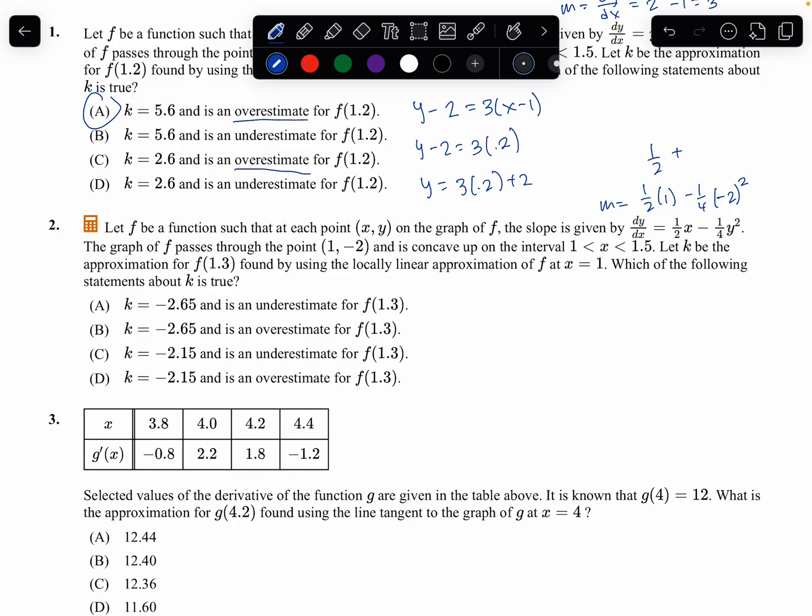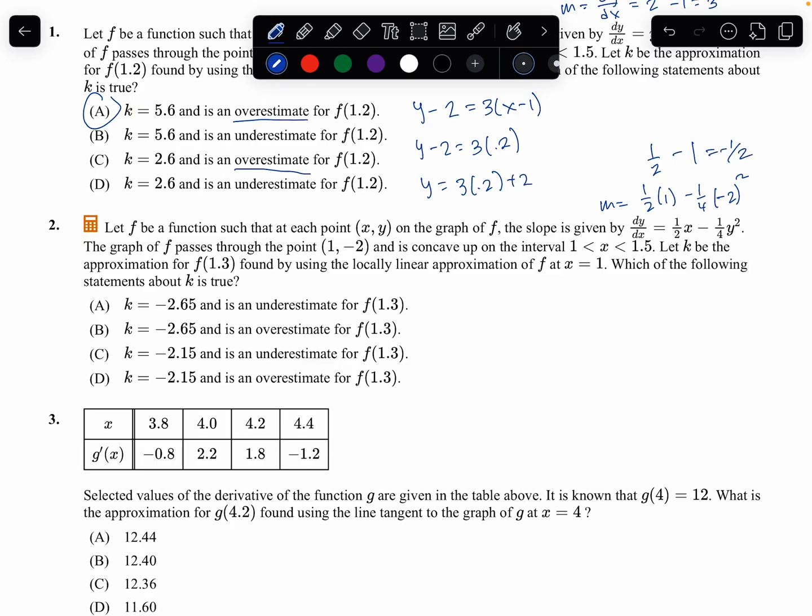So 1/2, and negative 2 squared becomes positive 4, and negative 1/4 times positive 4 will be minus 1. So it's going to be equal to negative 1/2.